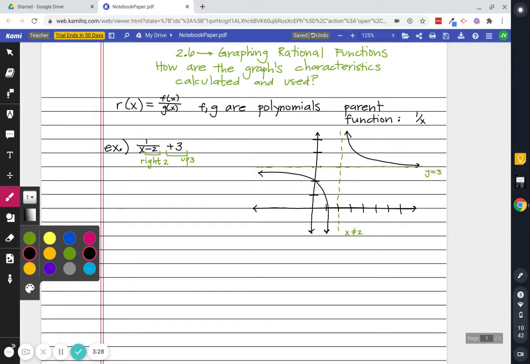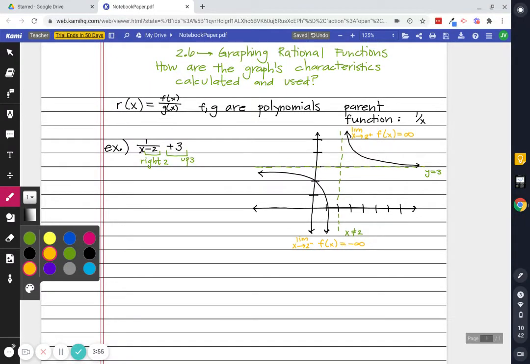And I'm just sketching it. We can say lots of things about this function. One thing we can say is the limit as x approaches 2 from the right of this function is infinity. And the limit as x approaches 2 from the left of this function is negative infinity.